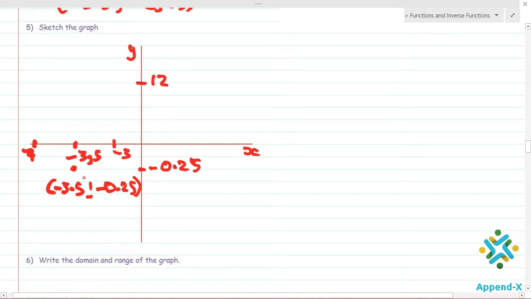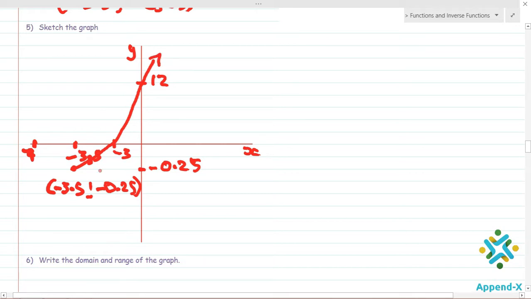Now the next thing that we do is to join our points using freehand smoothly. The graph must intercept the y-axis at 12.